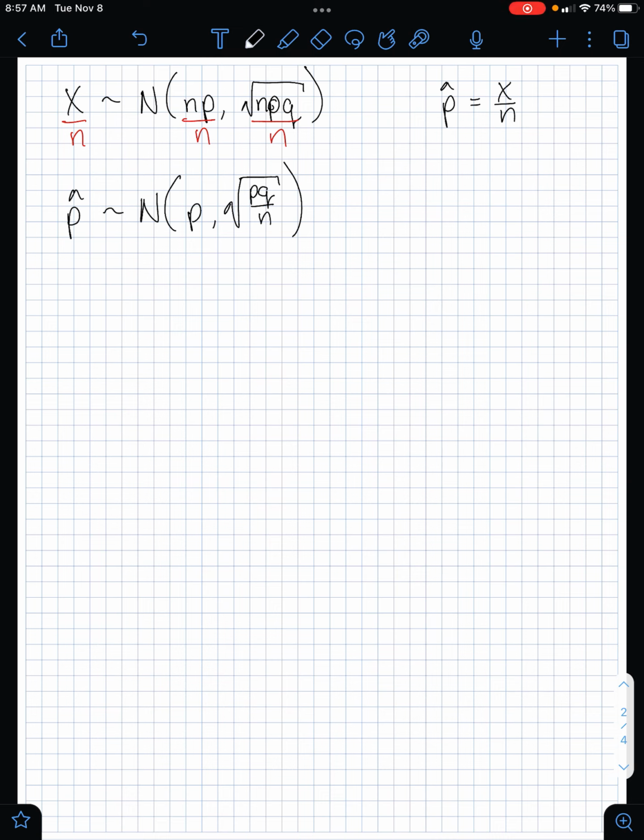So what does this all mean for us? Well, the big takeaway is that in order to use a sample proportion to estimate a population proportion, we get to use the normal distribution, which means we get to use z-scores.